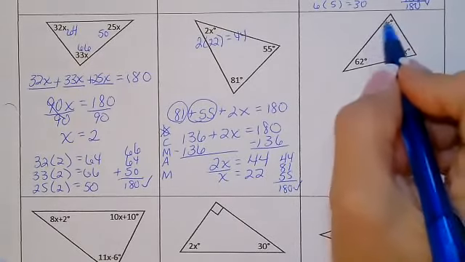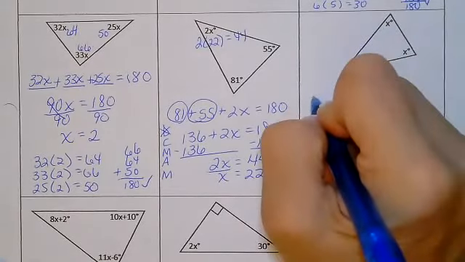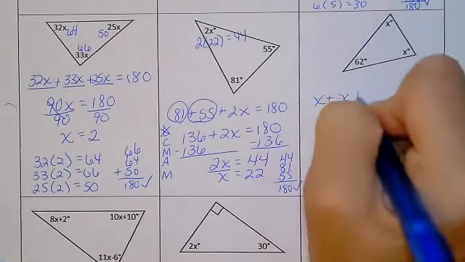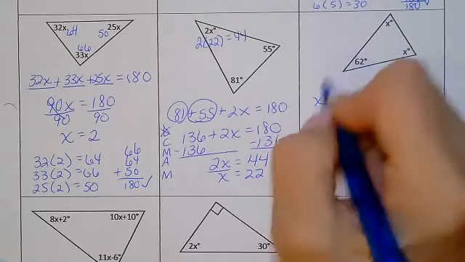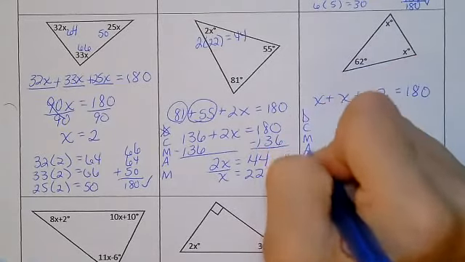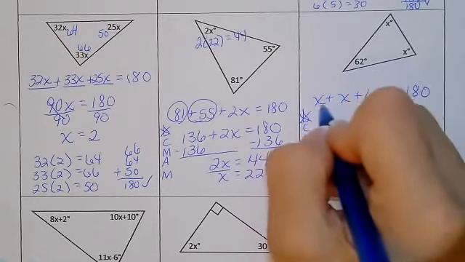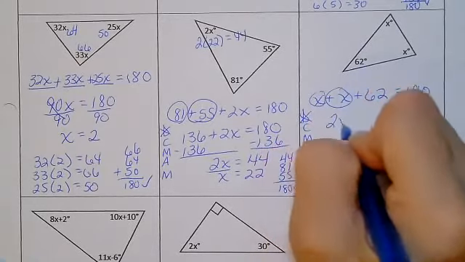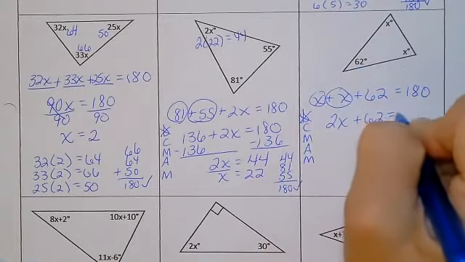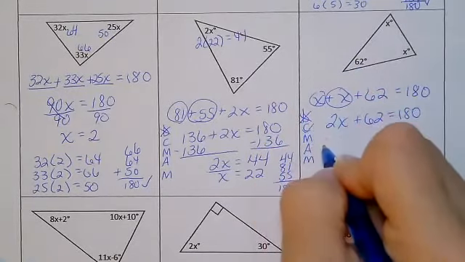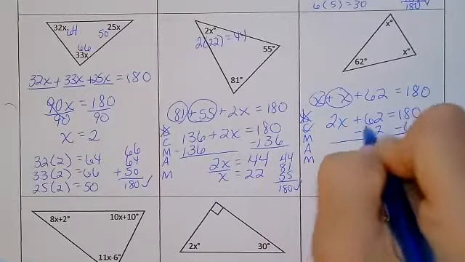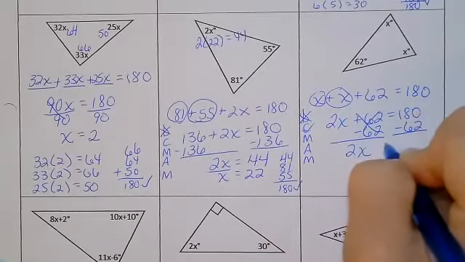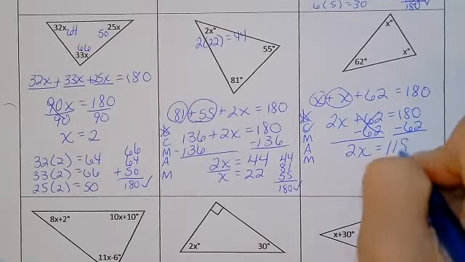All right. Okay, we're going to set it up the same way. X plus 62 equals 180. Don't need to distribute, but I do need to combine. Move 62 to x equals 118.